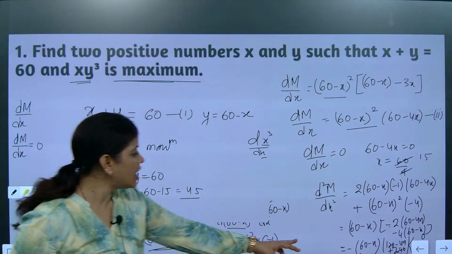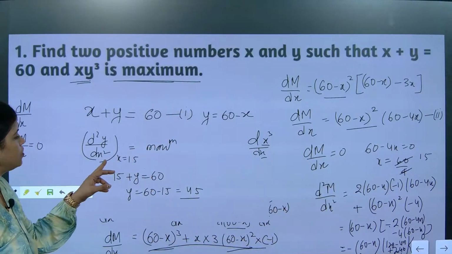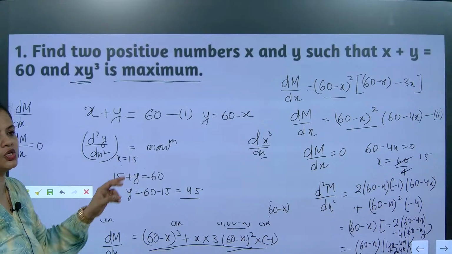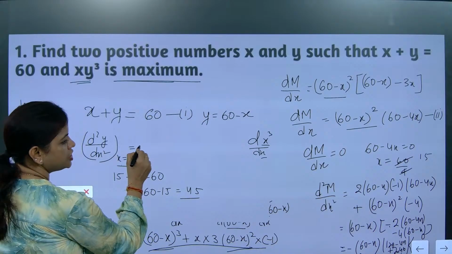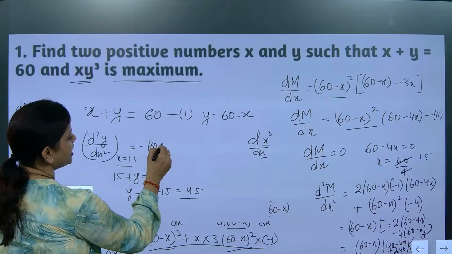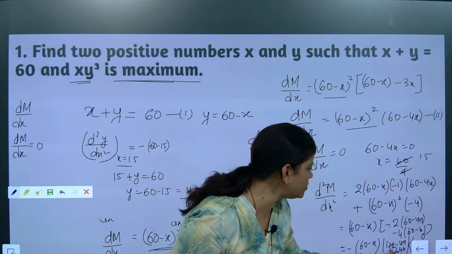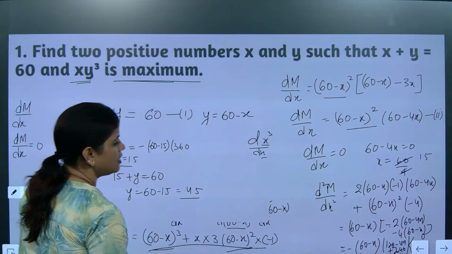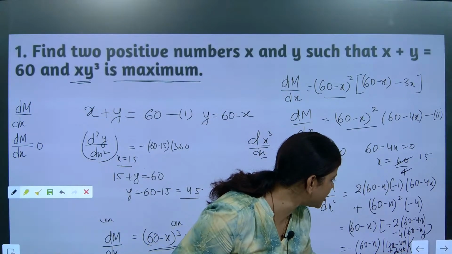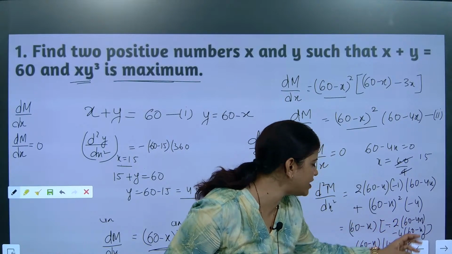Understood? See here, I wrote d2m by dx square, and after that I wrote d2m by dx square at x equal to 15. Here you have to substitute minus 60 minus 15, and what value is coming? 120 plus 240, 360. Then here minus x, and here it is coming as plus 4x, and with minus taken out, minus 8x.